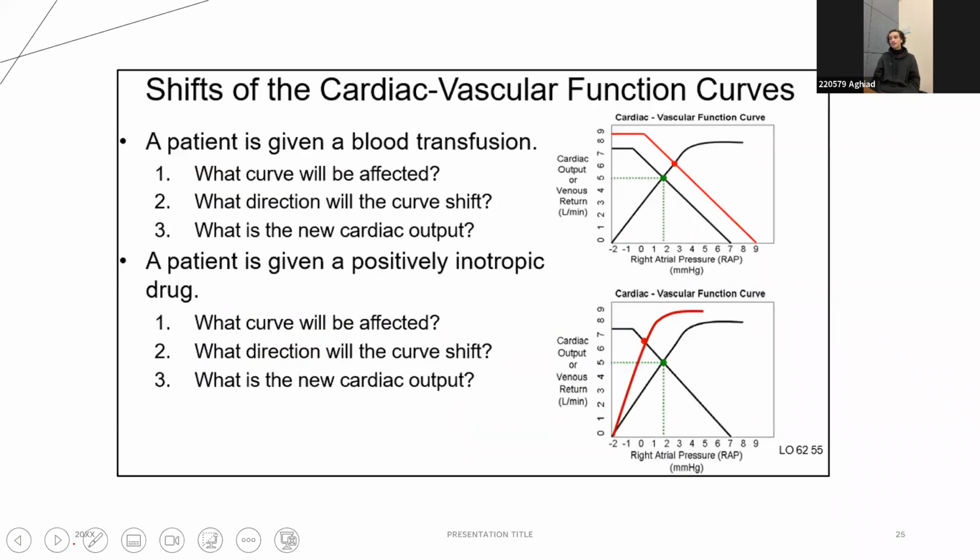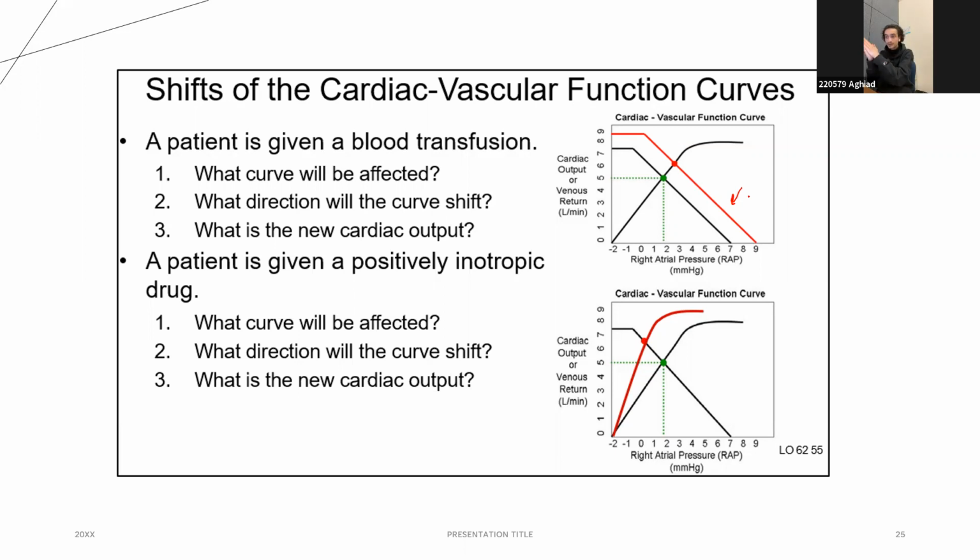So, shifts of the cardiac and vascular function curves. A patient is given a blood transfusion. What curve will be affected? That will be the venous function curve, or venous return curve, this curve, not this one, because the blood volume is being affected. If we're giving a blood transfusion, increasing the venous return, it will go up and to the right.